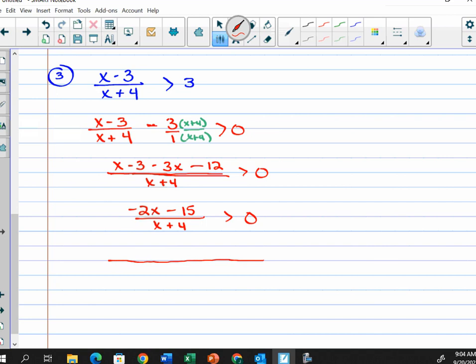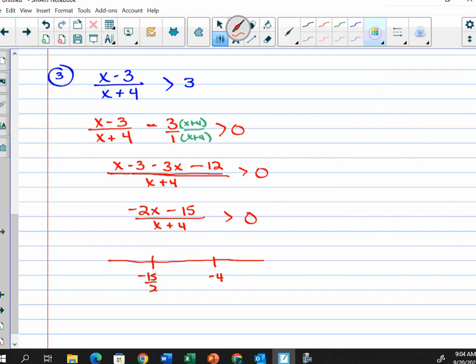What were your 2 points on your number line? Yeah, so did everybody have negative 15 halves first? Okay. Sometimes that's the hardest part for you guys, is putting your fractions in the right order on the number line.